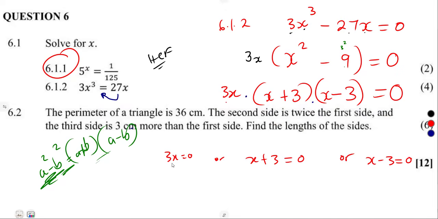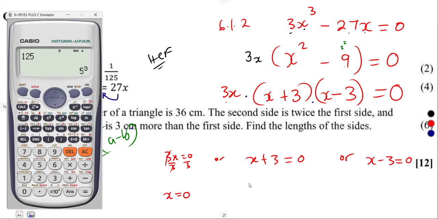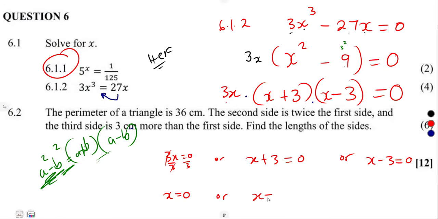The first one is going to give us what? Divide by 3. Since it's a product, x is equal to 0 divided by 3. That's a 0. Or x is equal to negative 3, as the 3 to the other side changes into a negative. Or x is equal to a positive 3, as the 3 to the other side changes to a positive.